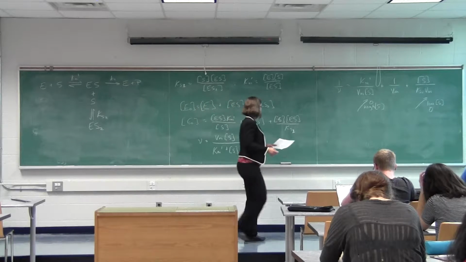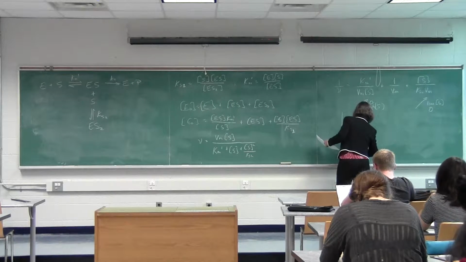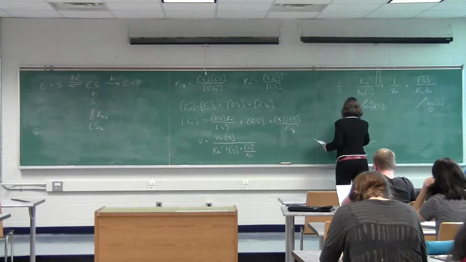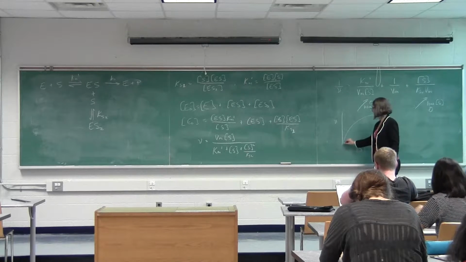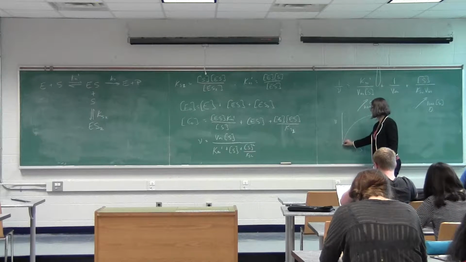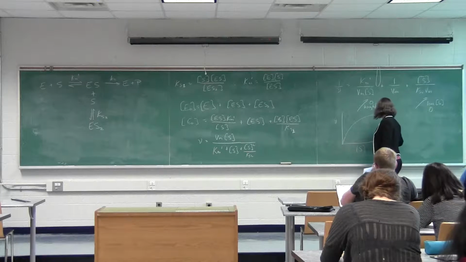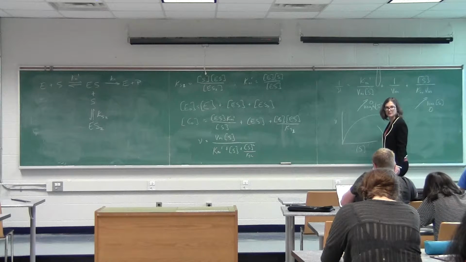So what that ends up looking like is, here's our substrate concentration, here's our rate, there's our normal Michaelis-Menten kinetics. So at the start, you have normal Michaelis-Menten kinetics with the very low substrate concentrations. At the end, when you have really high substrate concentrations, it starts going back down.